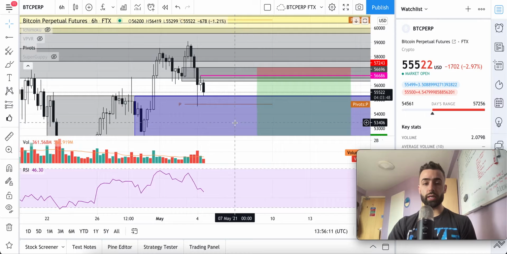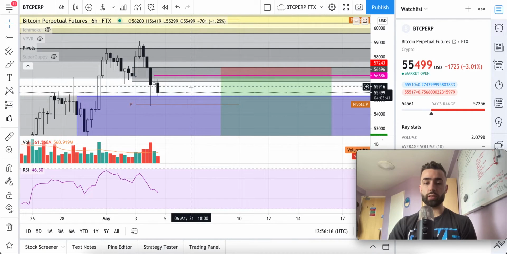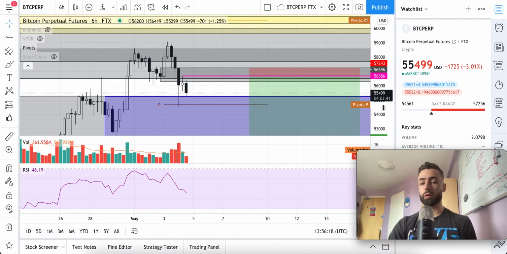So for the bulls' case, the bulls are going to need to push above this gray zone. This is the only zone that I care about now.